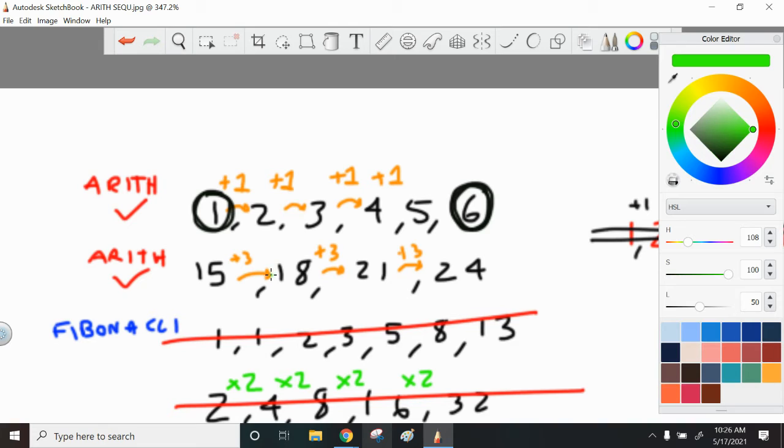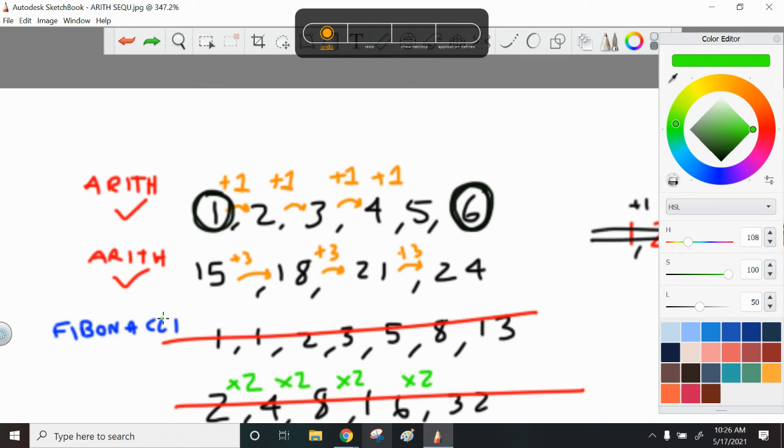But if I say with the second pattern, what's the 15th number in the sequence? That can be a little tricky because it's like, well, are you talking about the 15th number itself, or are you talking about the first number, the second number, the third number, the fourth number? I would have to go all the way and find the 15th number.